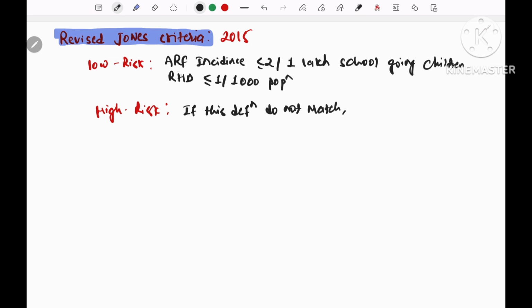Okay, so acute rheumatic fever incidence less than or equal to 2 per 1 lakh school going children, or incidence of rheumatic heart disease less than or equal to 1 per 1000 population per year. It is per year. So they are low risk. If this definition does not match, then it is high risk.